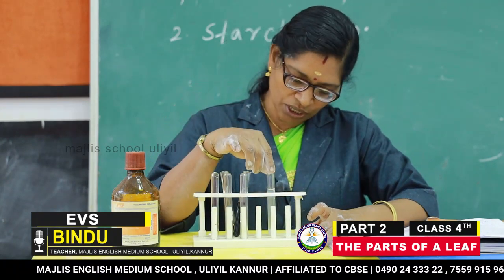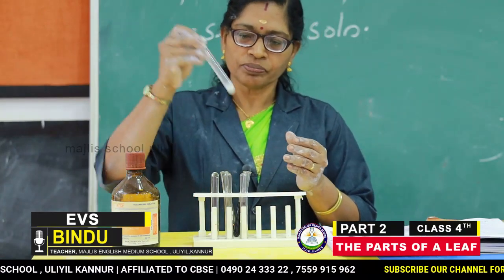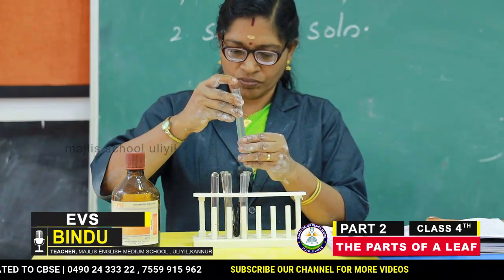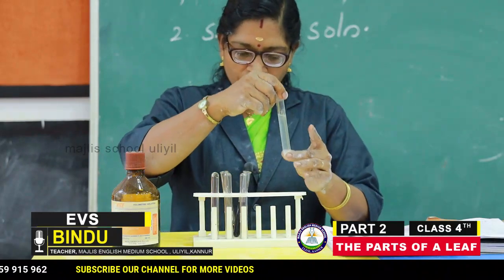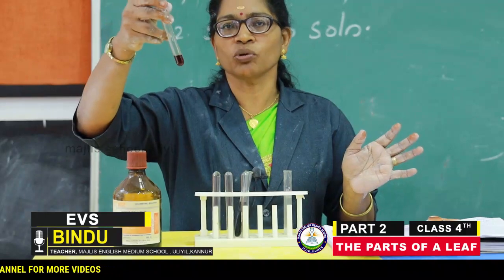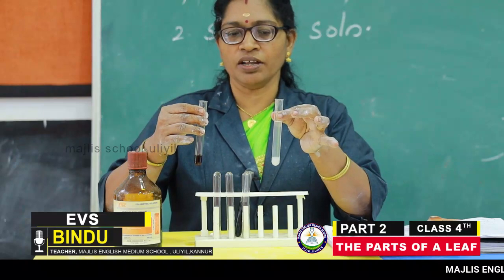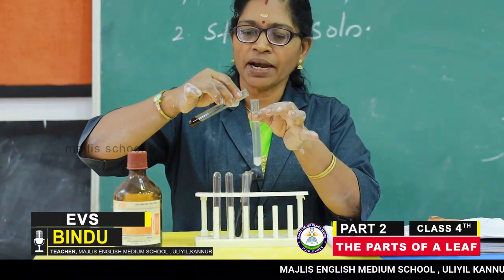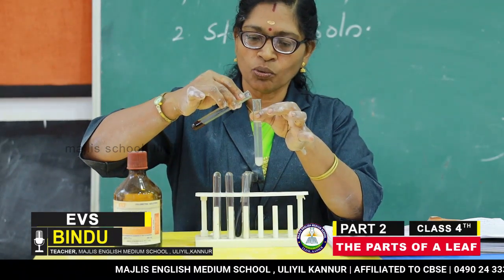So, let us do an experiment. Here, I take some rice water. This is the rice water and this is the iodine solution. Here you look, when you add iodine to this solution, it will change into blue-black.